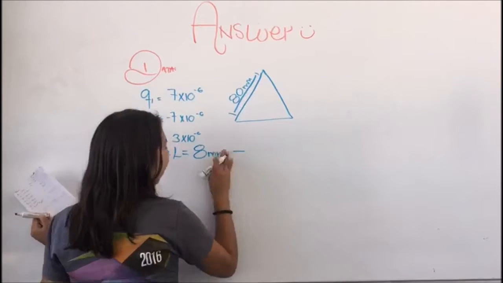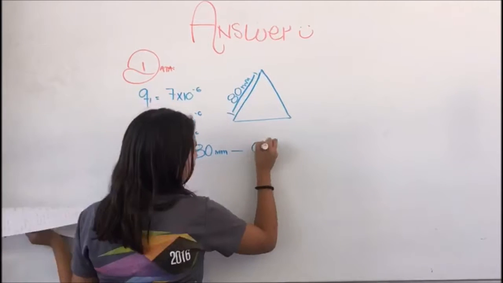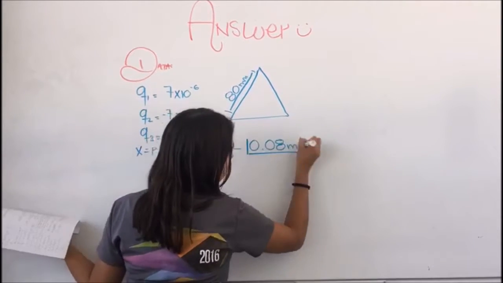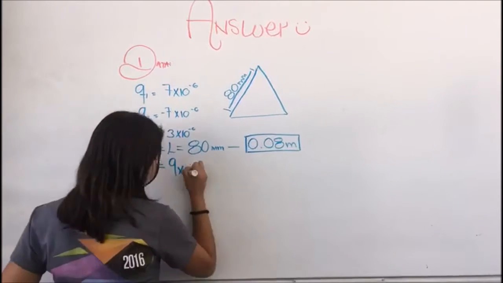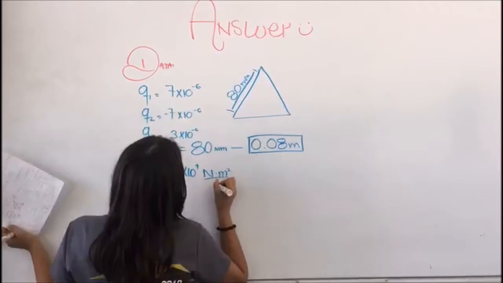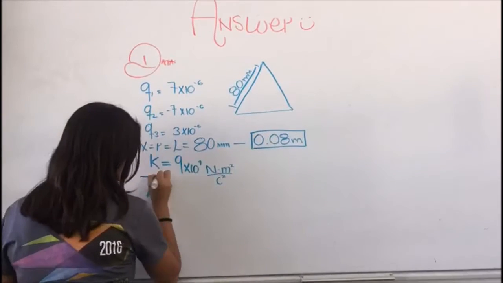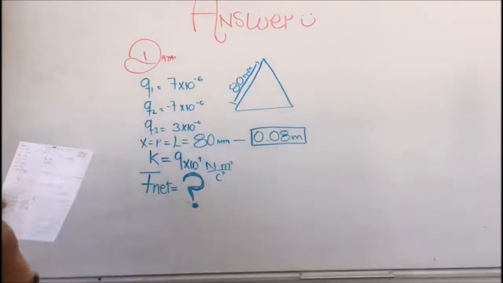So we divide it by 1000, and it's equal to 0.08 meters. K is equal to 9 by 10 to the 9 newtons by square meters divided by square coulombs. So the only thing that we need to get is net force.